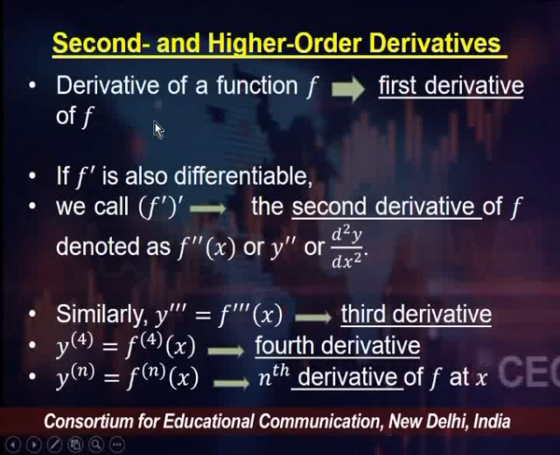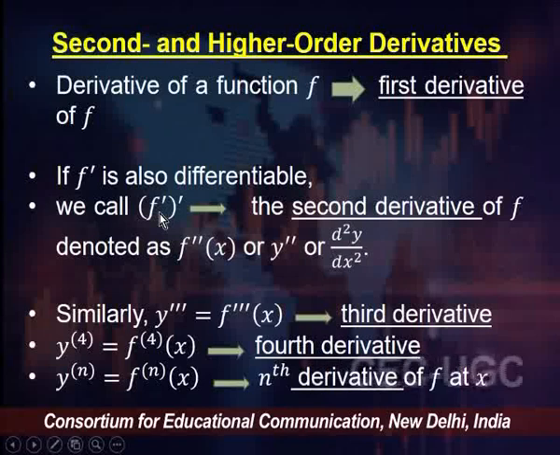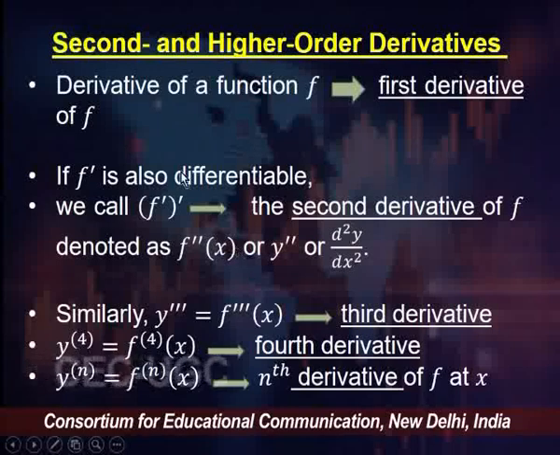The first derivative of a function f of x, let's suppose we denote by f prime. If f prime is also differentiable, the derivative of f prime would then be the second derivative of f, which is denoted as f double prime of x. This is the second derivative of f with respect to x.